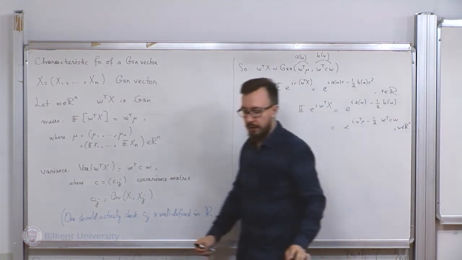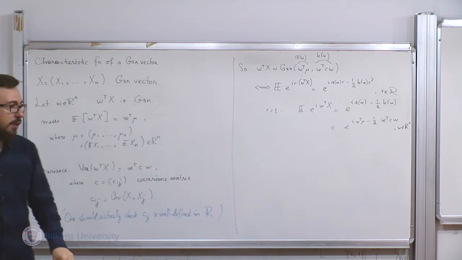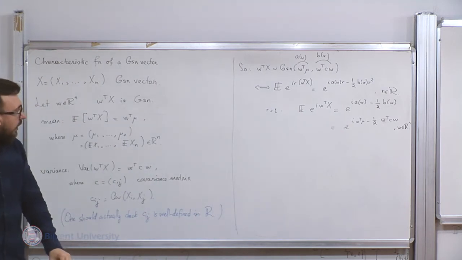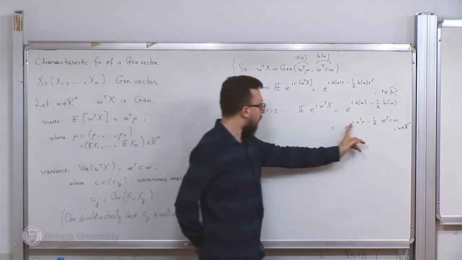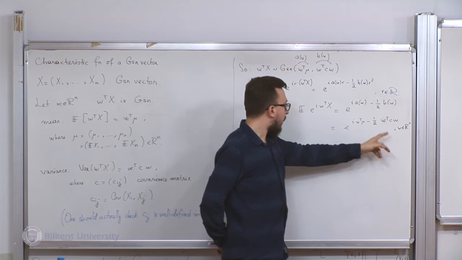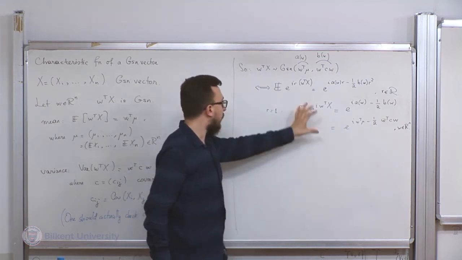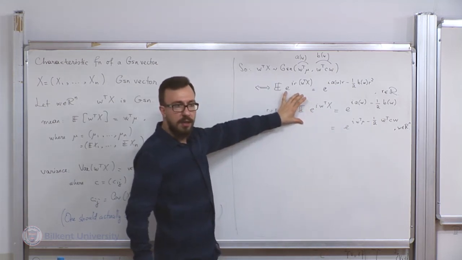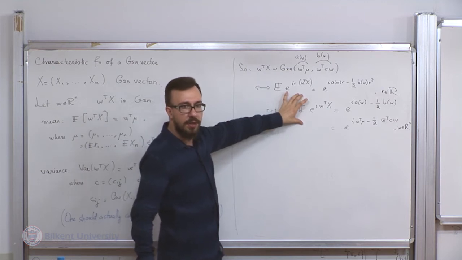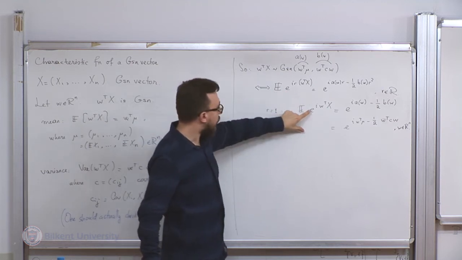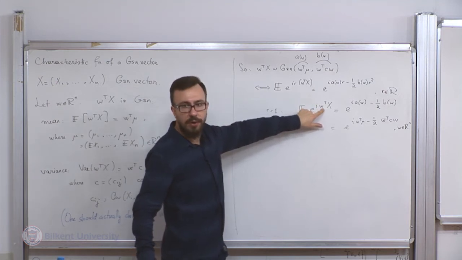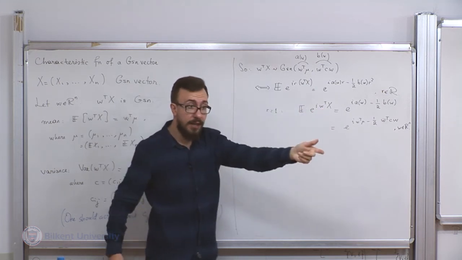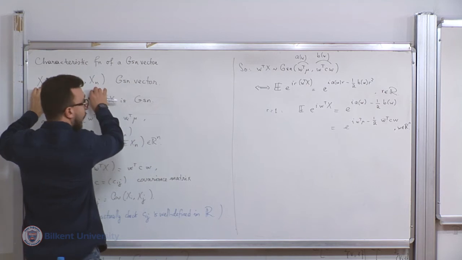What did we obtain? What is this formula? The expected value of E to the power i W transpose X is E to the power i W transpose mu minus 1/2 W transpose CW. So what is this expression? What is the expected value of E to the power i times W transpose X? What do we call it? The characteristic function of the vector X, right?